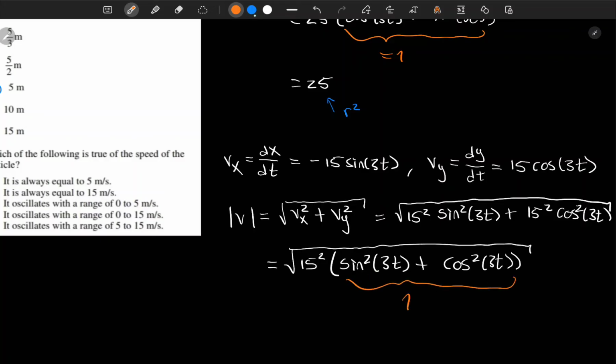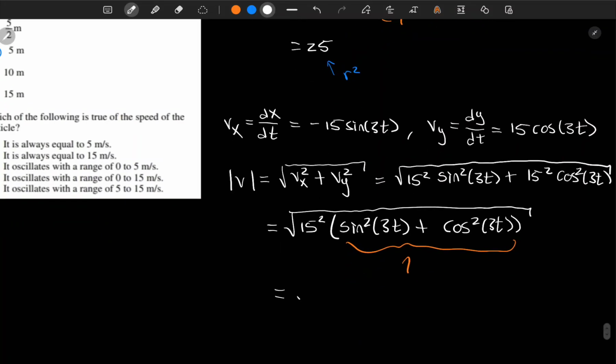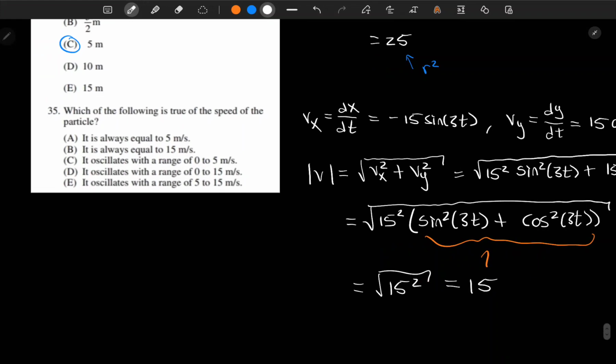So the answer is equal to the square root of 15 squared, which is equal to 15. So the speed of the particle is constant and is 15 meters per second always. So the answer is B.